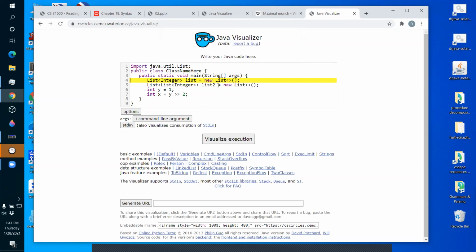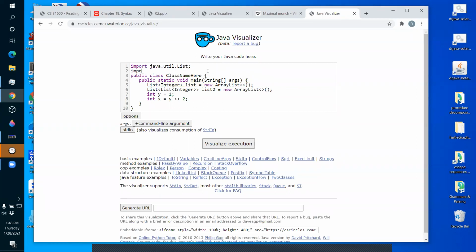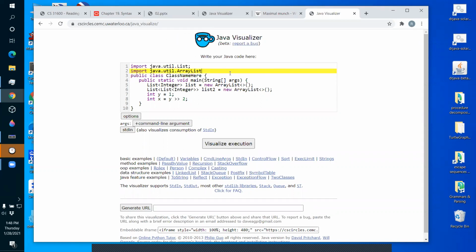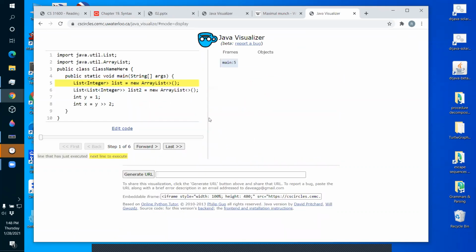Oh. To get this to compile, it's a little bit of work. Okay, see, finally compiled.